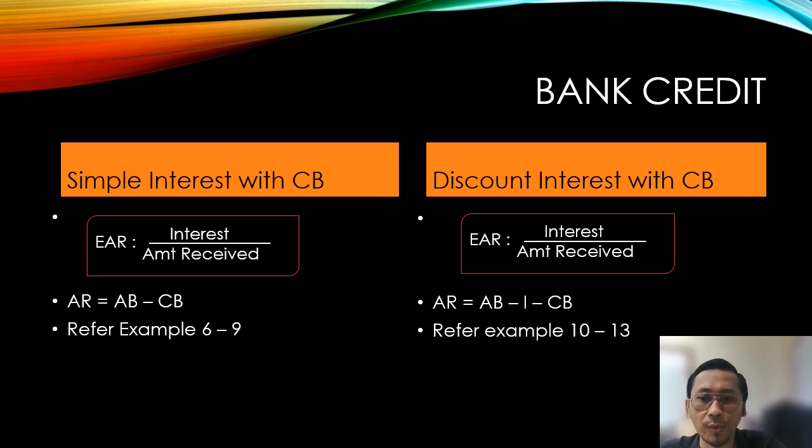For simple interest with compensating balance, the amount received will be equivalent to the amount borrowed minus the compensating balance, where you can refer to examples 6 until 9. For discount interest with compensating balance, the amount received will be equivalent to the amount borrowed minus interest minus the compensating balance. You can refer to examples 10 until 13.